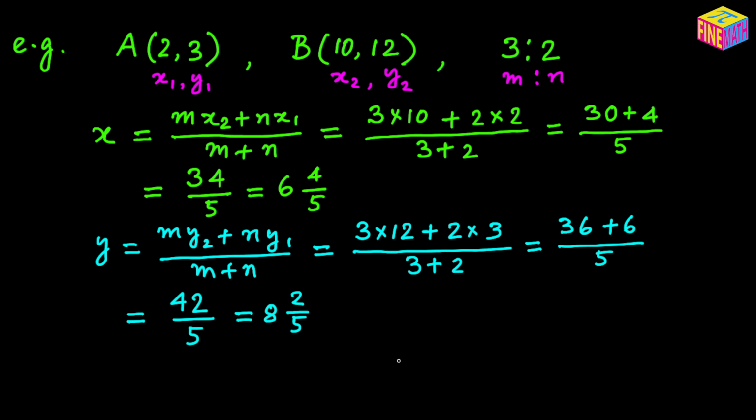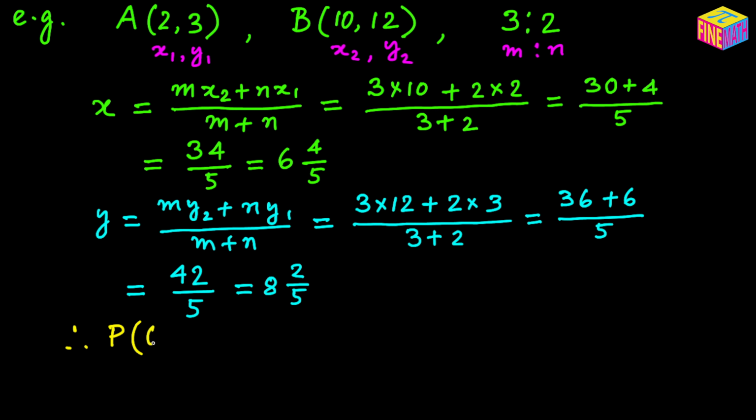So we have found the values of x and y, and that's exactly what we were supposed to calculate. So the coordinates of P would be: the x coordinate is 6 plus 4/5 and the y coordinate is 8 plus 2/5.